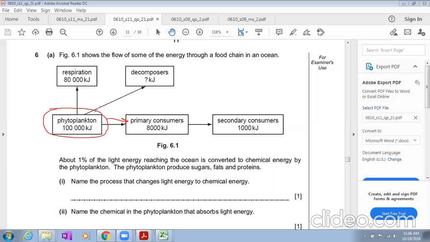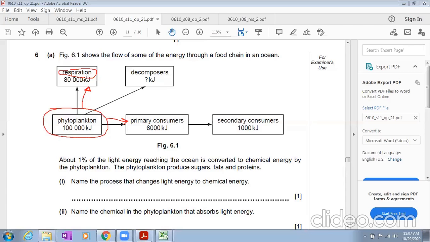And some of the energy will be released in the process of respiration. Remember, boys, for respiration you should use the words energy release, because in respiration energy is released, and that energy is utilized by the organism itself.